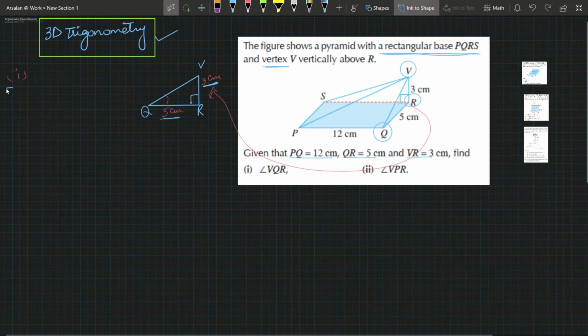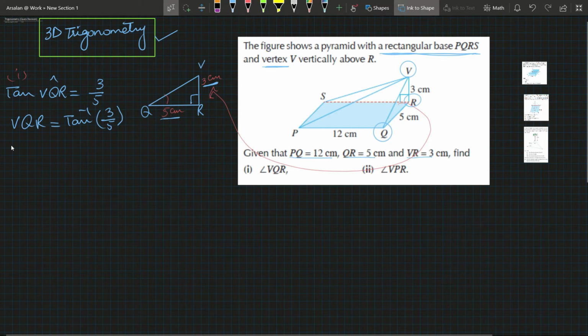So everybody should understand that we are applying tangent. Angle VQR, which is the required angle, is equal to opposite over adjacent, meaning 3 over 5, and then angle VQR must be equal to tangent inverse of 3 over 5, and then we'll use the calculator to find the final answer.